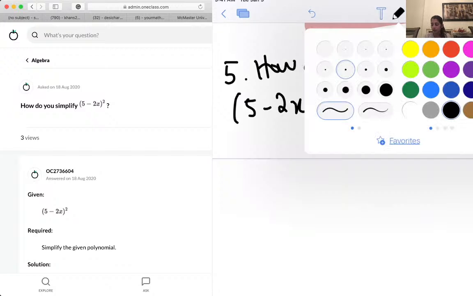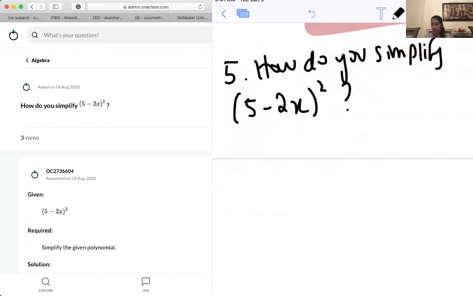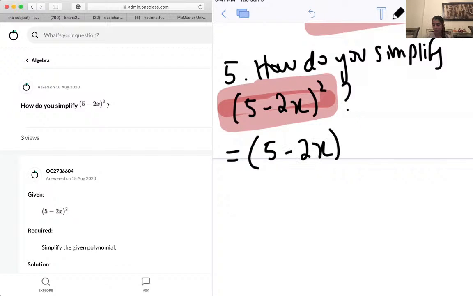So when we look at this, our question is given to us in condensed form. We have to turn this into expanded form so we can use FOIL and solve. So 5 minus 2x times 5 minus 2x.